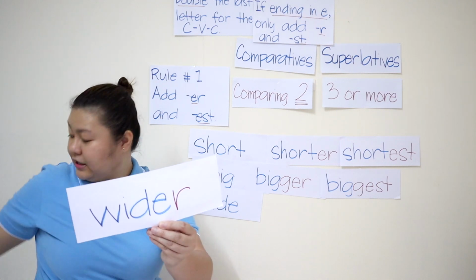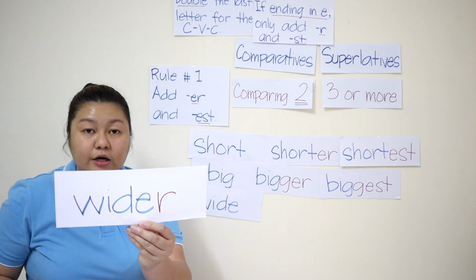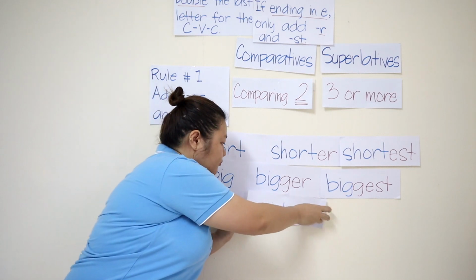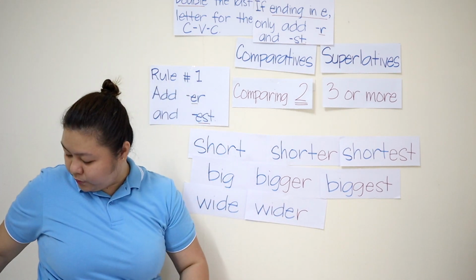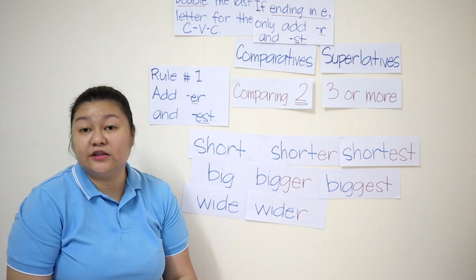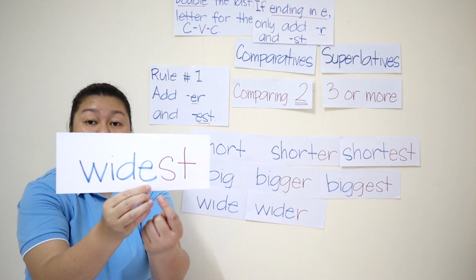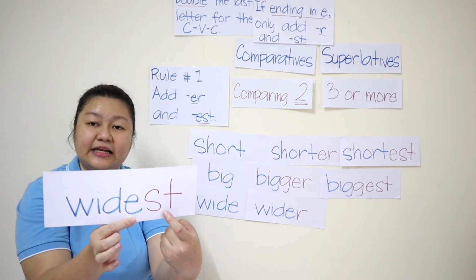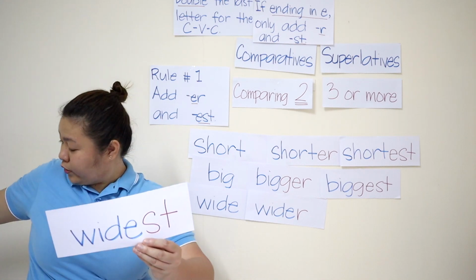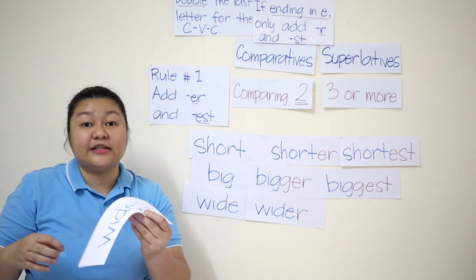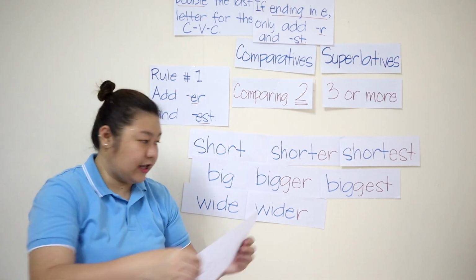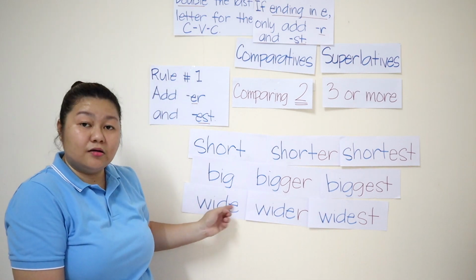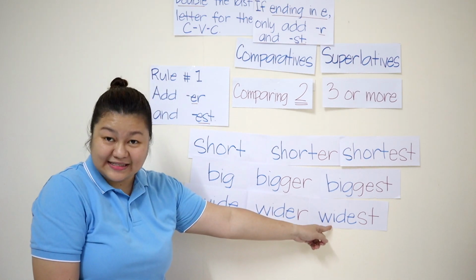We will just add letter R for our comparative form. And for our superlative form, we will not add E, only ST, widest. So only the letter S and the letter T will be added to our word wide. So wide, wider, widest.